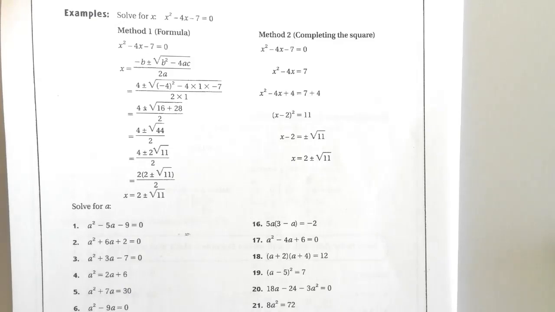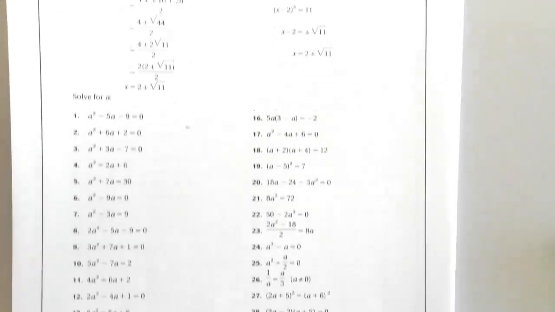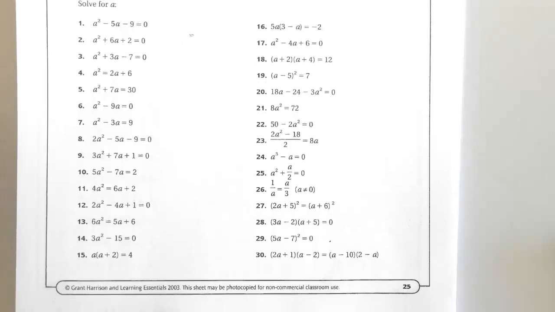But what you are going to do, you should attempt this question. You should attempt all these questions, and obviously here you're going to have to expand and manipulate the expression until it looks like one of the generic ones. So obviously here you have to expand, simplify, and bring this 12 to the left and simplify. Here, same thing.